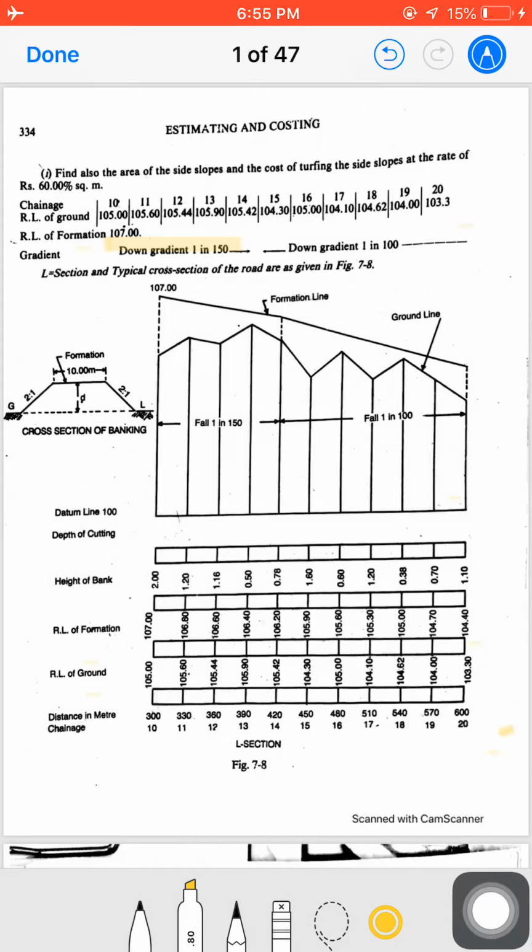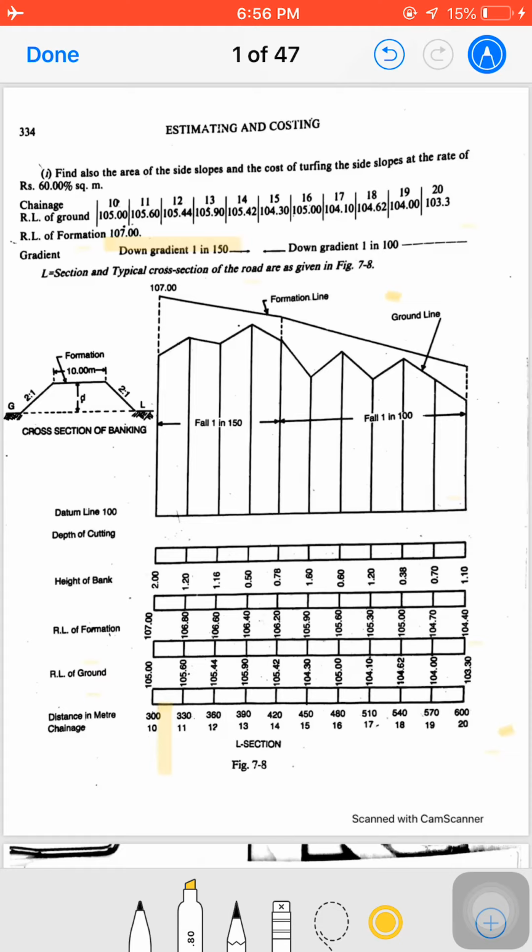So that means for every 150 meter there is 1 meter drop. Up to 14th chainage the interval is 30, so for every 30 meter we need to calculate 1 by 150 into 30.